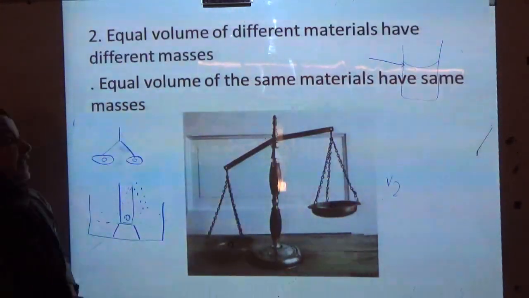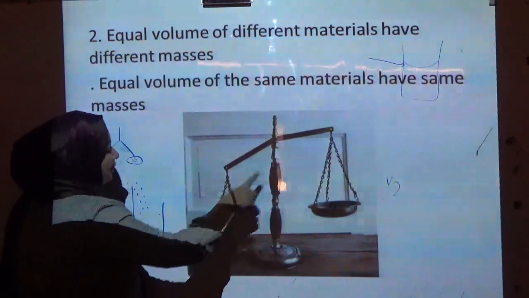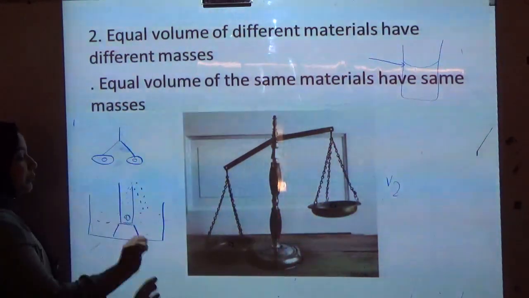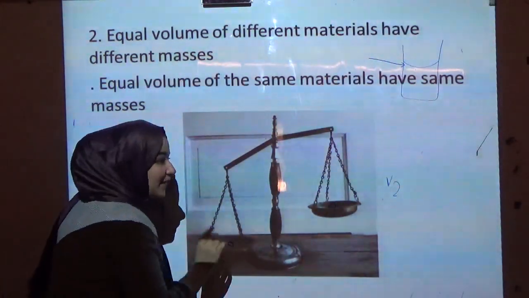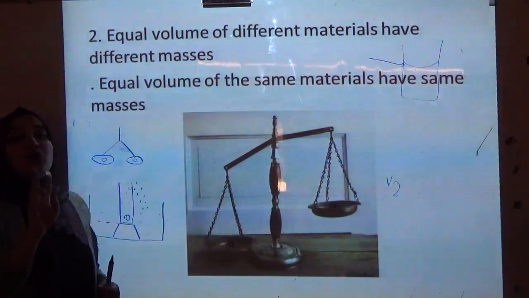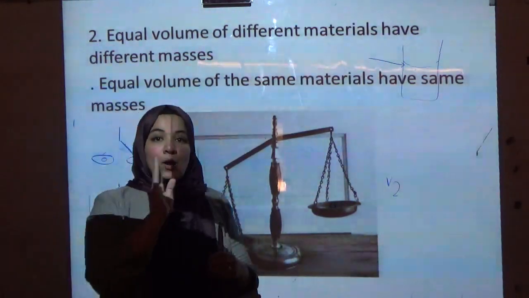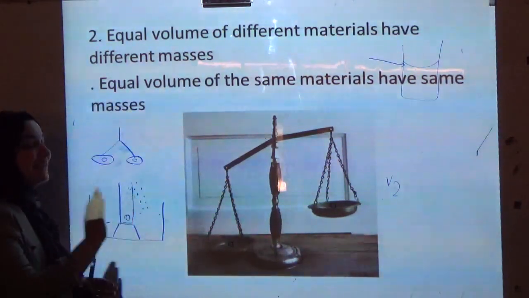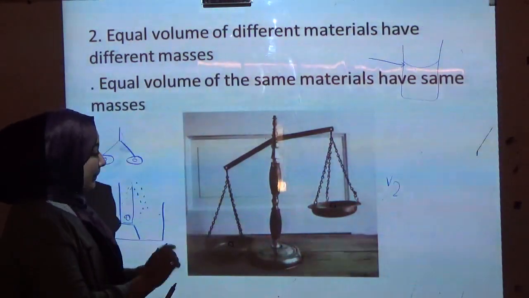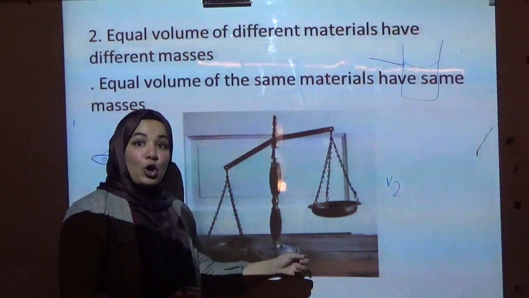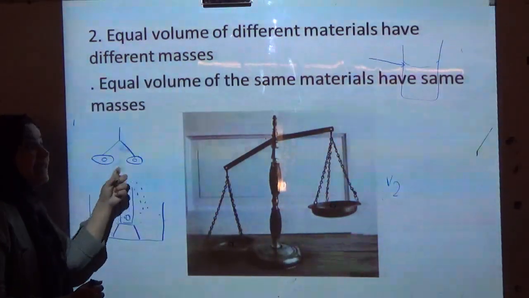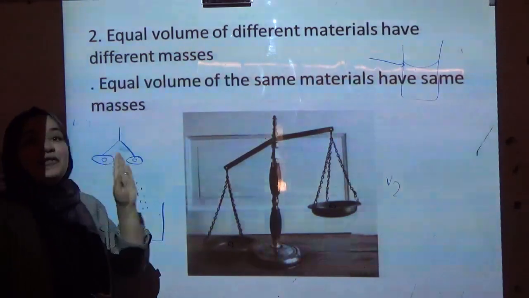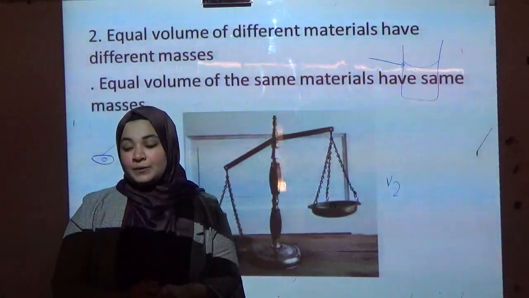Now, if I bring the same volume but of different materials, one iron and one wood, they will be different in masses. But if I bring the same volume of the same material, they will have the same masses. Okay?